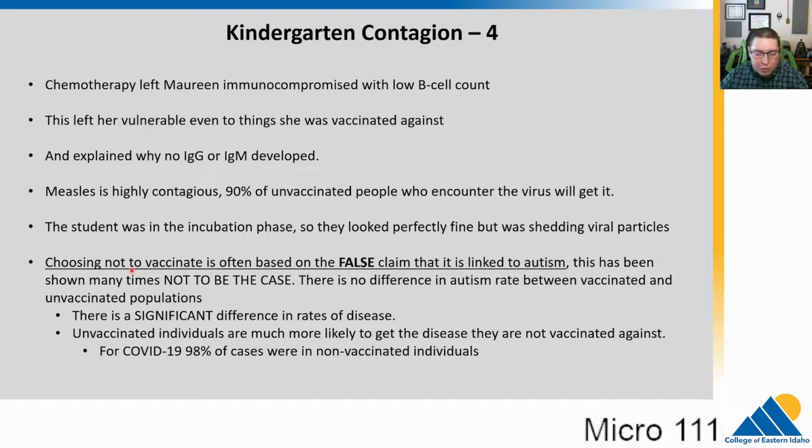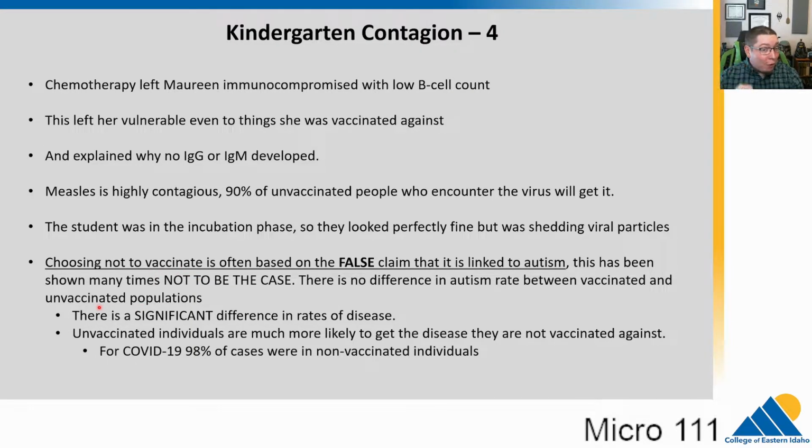In the early 2000s, there was some poor science done, and some less than reputable people who were pushing this theory, mainly for fame and accolades and things like that. But there is no difference in autism rates between vaccinated and unvaccinated populations. There's so much data out there about this.